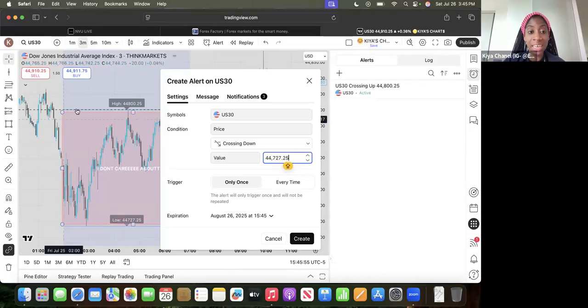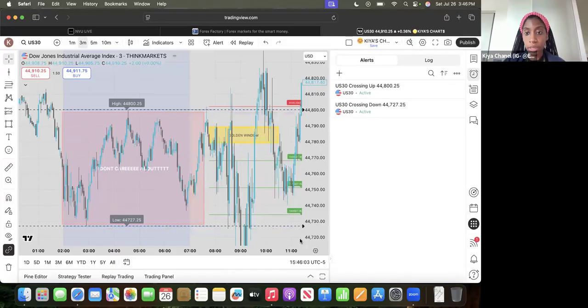You're literally putting in the high and the low on the alerts. Okay? Hit create. Now you have your alert for the low and you have your alert for the high.